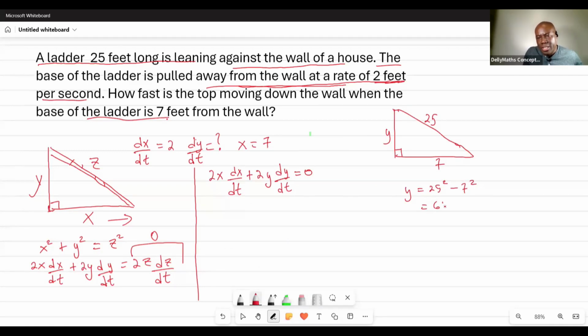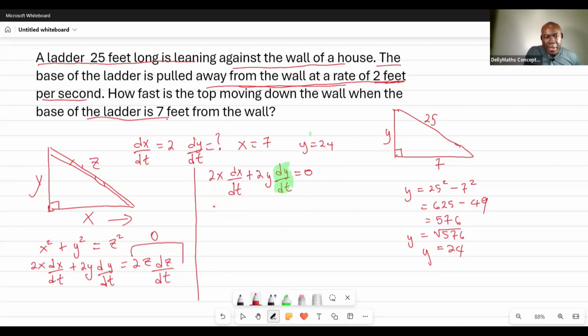This is 625 minus 49, which is 576. Taking the square root of 576, y is 24. So now I know that y is equal to 24.